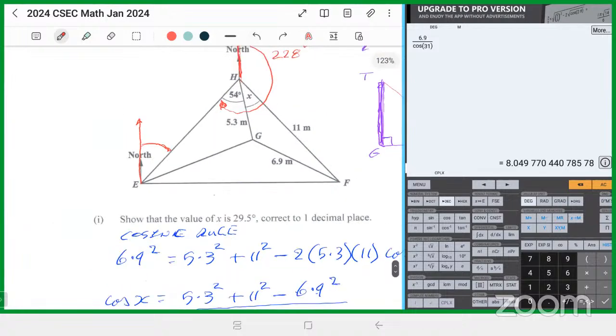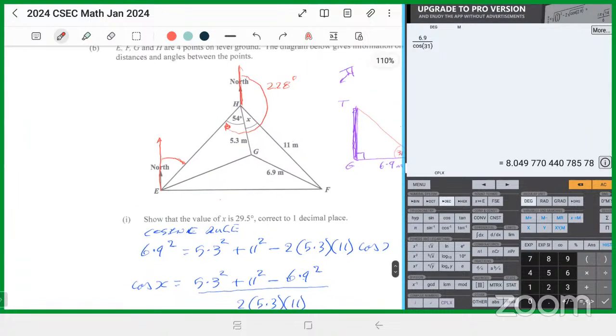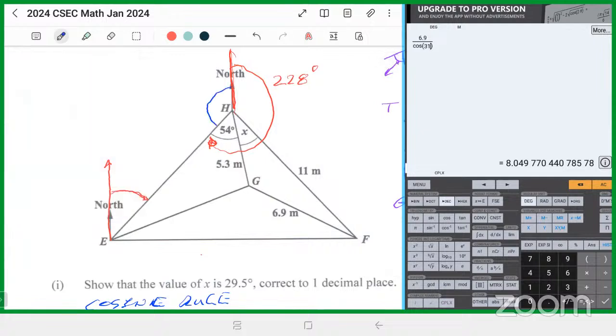So we can find that angle. All right, multiple ways we can find this angle. Let's find it this way. Since the angle around here is 228, and the total angle around a point is 360, we can find this angle over this side. It's going to be 360 minus the 228.